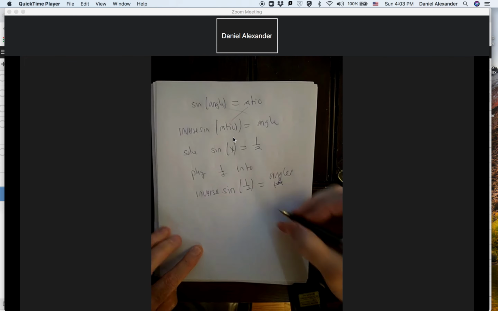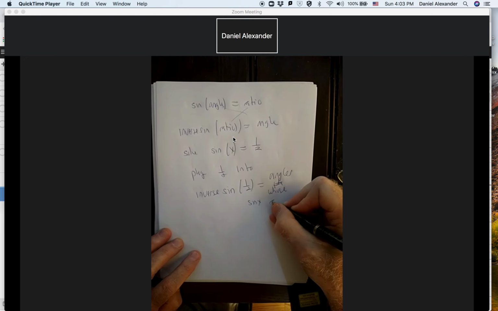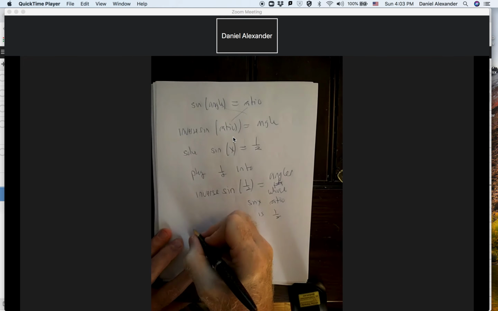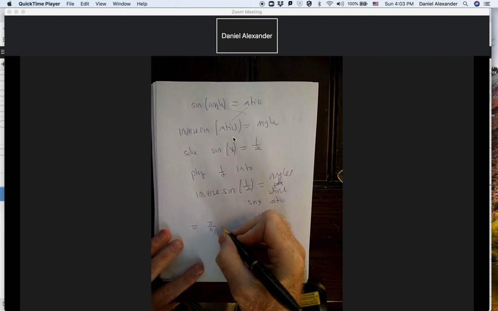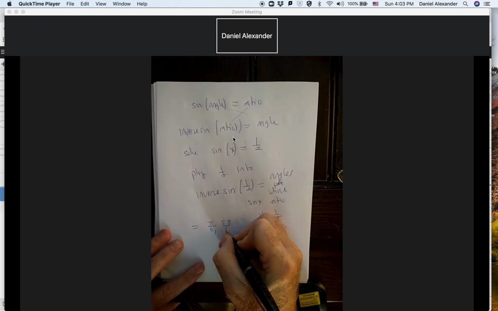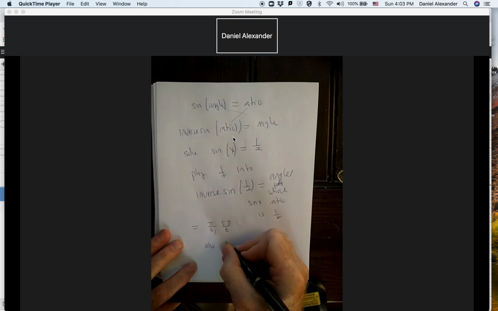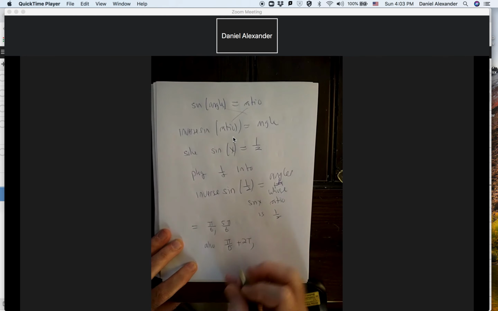The angles whose sine ratio is 1/2. And again, we saw that it's going to be lots of angles. It's going to be pi over 6, 5 pi over 6, and if we add 2 pi to each of those, we get another answer.